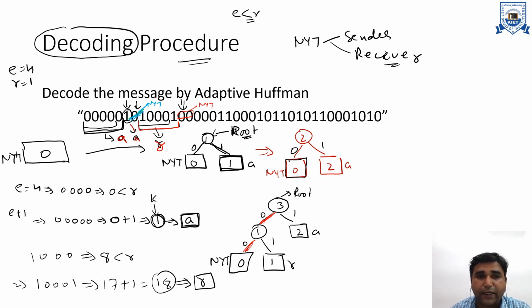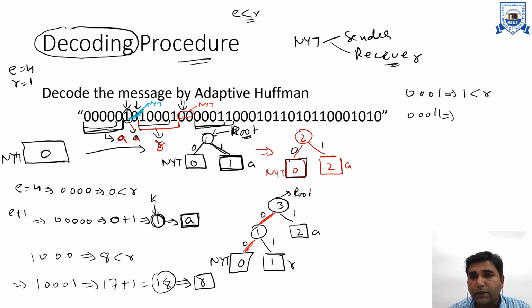So when there is a NYT, we have to read the next 4 bits, that is 0001. If you consider 0001, the decimal value is 1, which is less than r. So we have to again read e plus 1 bits, that is 00011.